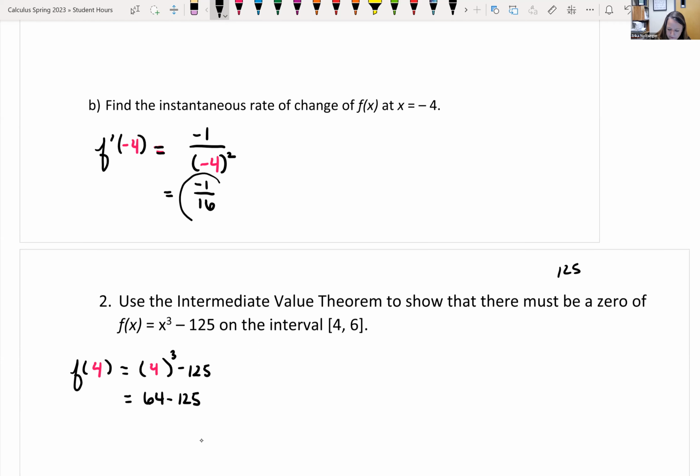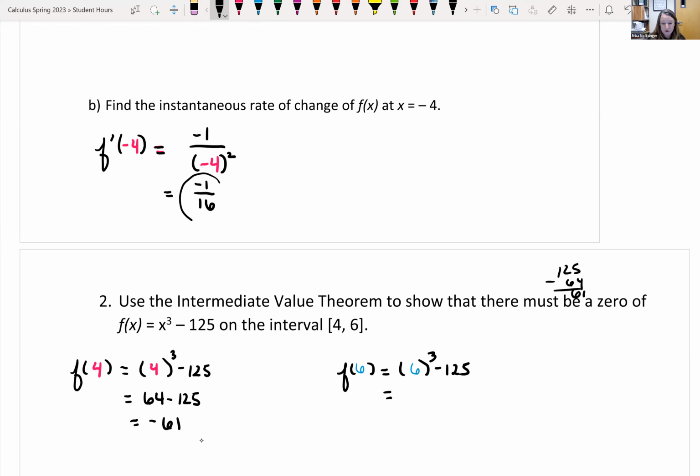I don't have a calculator right in front of me, so let me just do this really quickly. So it gives me negative 61. Now let's look at f of 6. So we go in and plug in 6. Wherever we see an x in our function, we have 6 cubed minus 125.